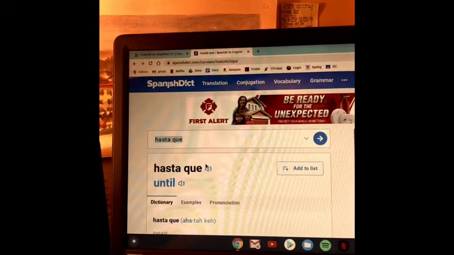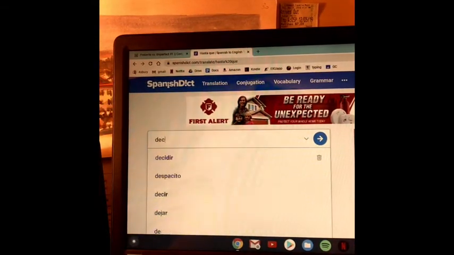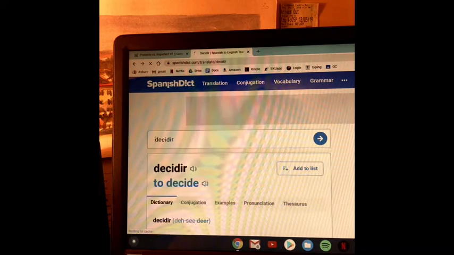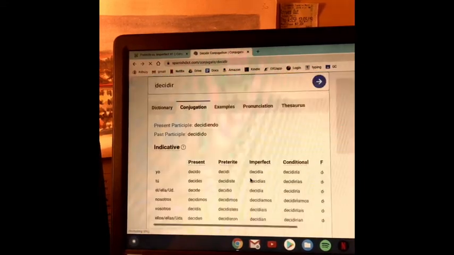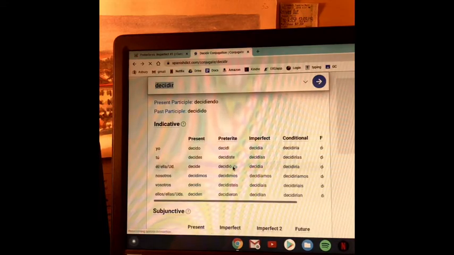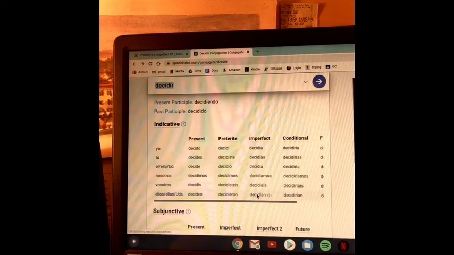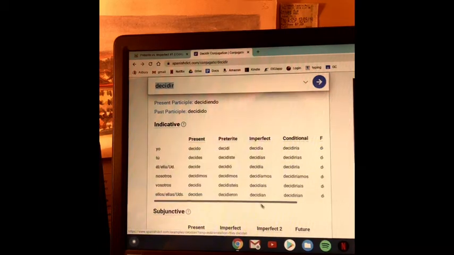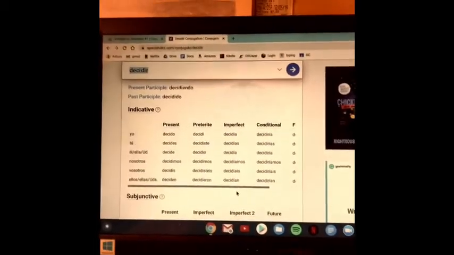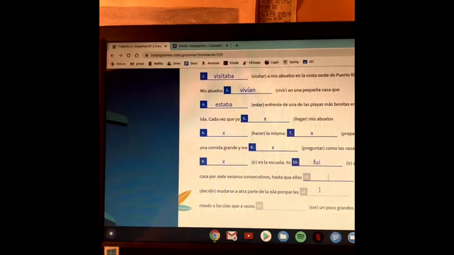If you don't remember, the preterite for IR verbs is iste, io, imos, istes, ieron. Okay? It's so interesting how close they are, but the preterites always have, for this one, R's in it. Okay? So, decidieron.